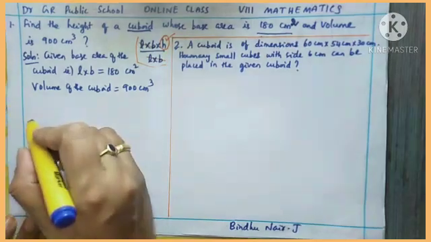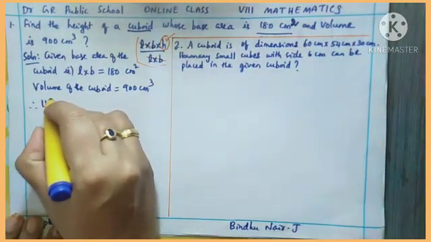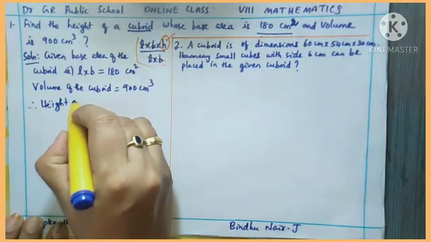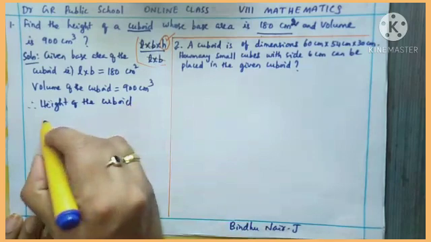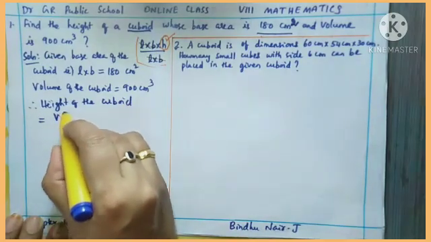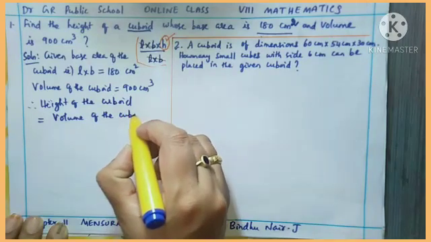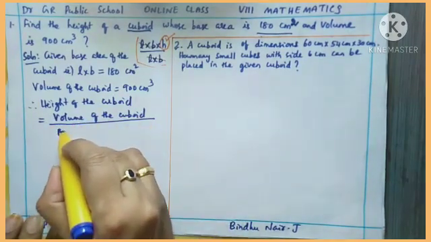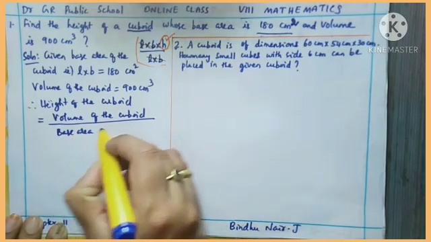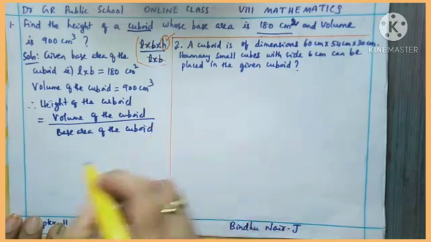Okay, yes. So how to write? Therefore, height of the cuboid is equal to, write once the step, volume of the cuboid divided by base area of the cuboid. Now substitute the values.